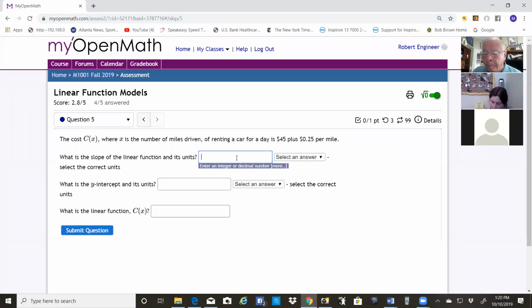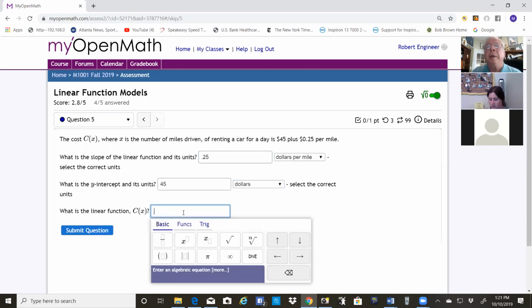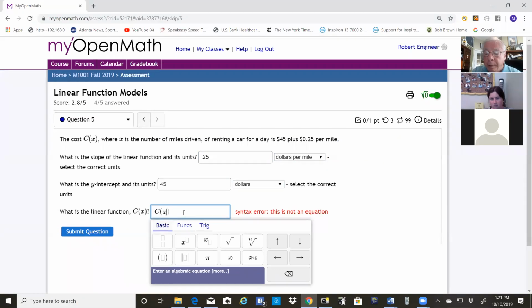So this should be 0.25 dollars per mile. The y-intercept is $45. And the linear function is c of x equals 0.25 x plus 45.